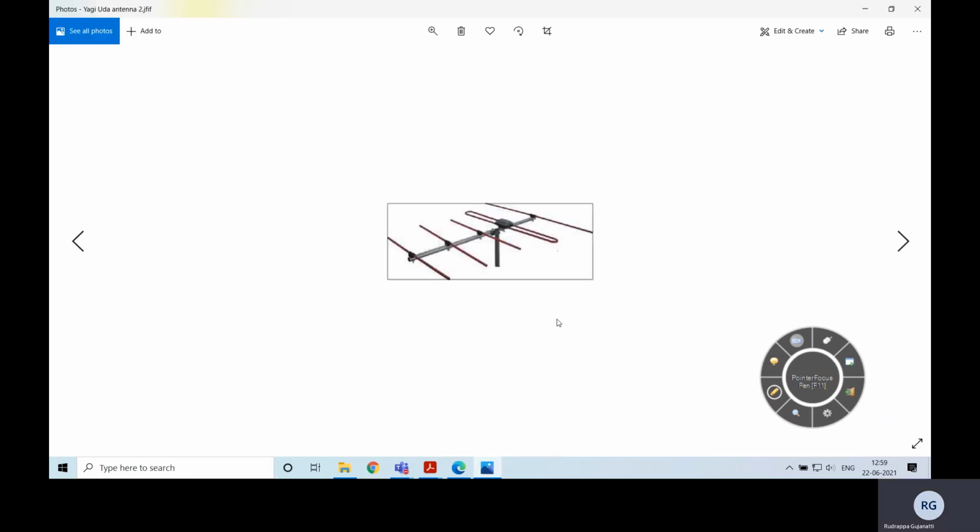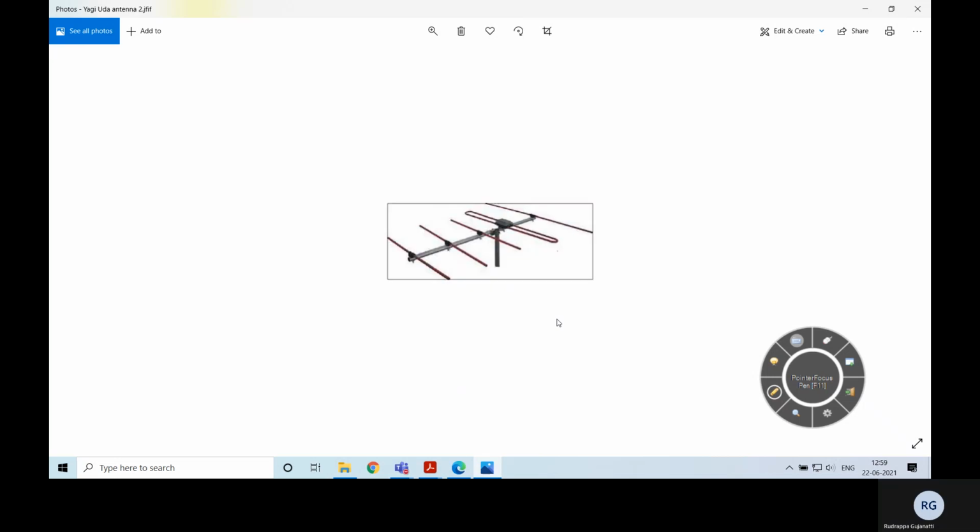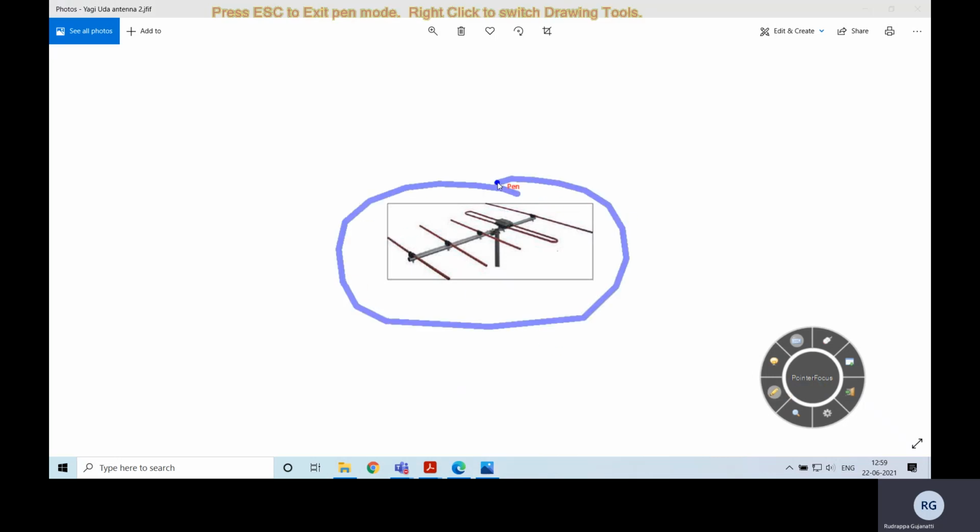Here we can observe an antenna which is represented. This is actually a Yagi Uda antenna. In this case, we can see that there are some rod-like structures present. These are the reflectors.